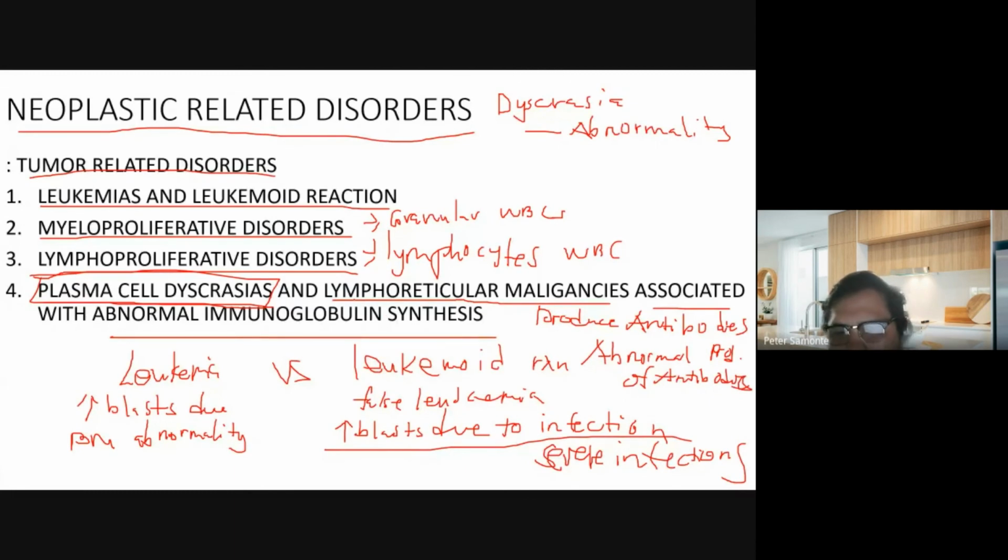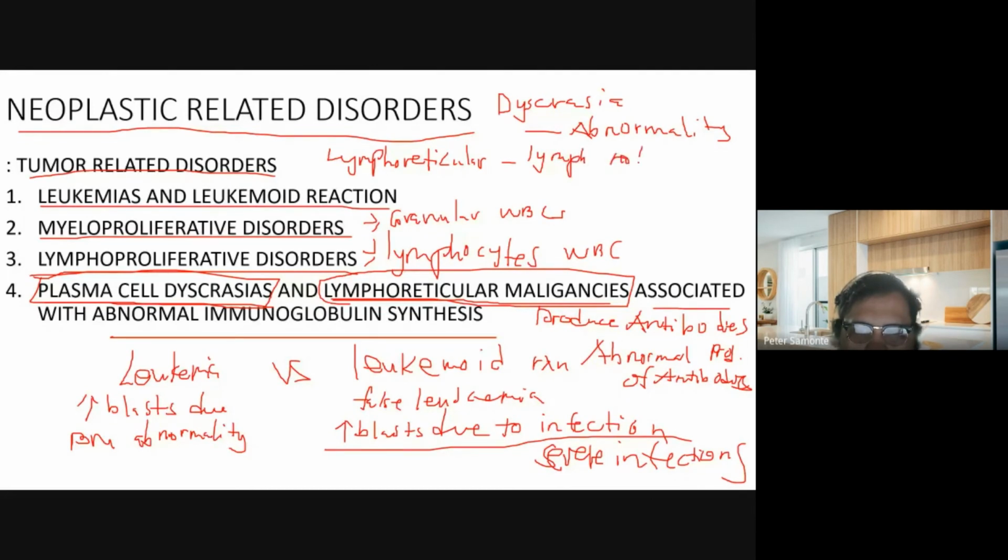Then there's another cause. We have your lymphoreticular malignancies. Now, when you say lymphoreticular, this would involve the lymph nodes, wherein there would be increased reticulum or increased tumor in lymph nodes, which would lead to abnormal immunoglobulin synthesis.